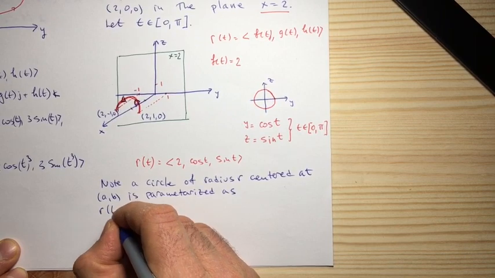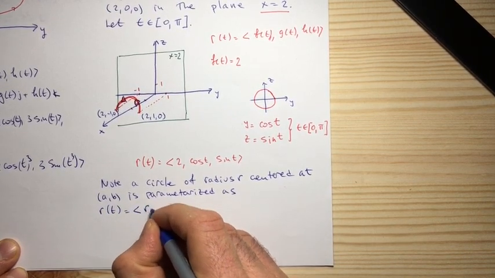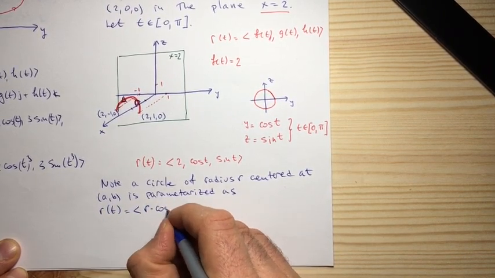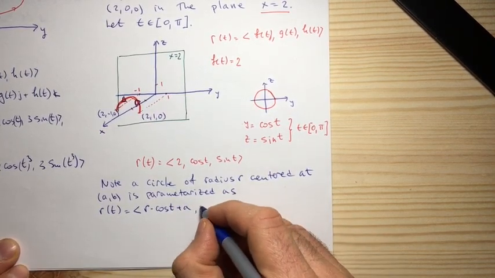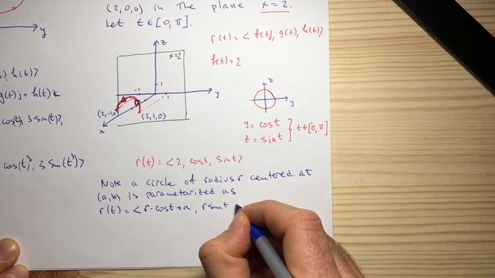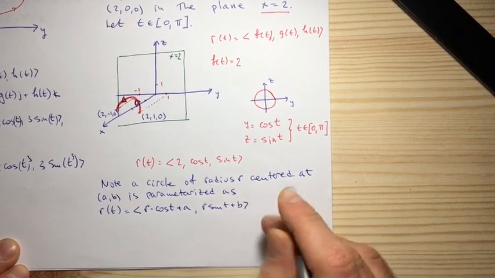R of t is equal to r times cosine of t plus a, and r times sine of t plus b.